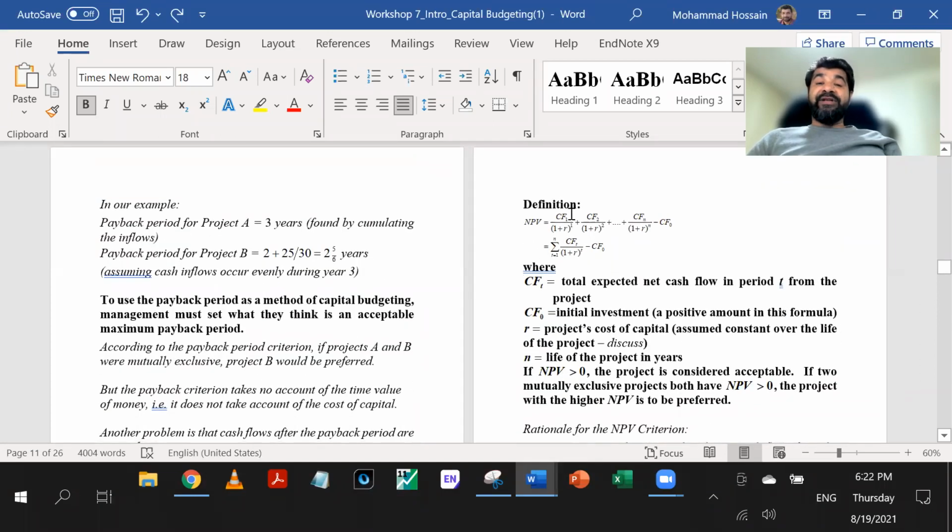The definition is here. What do we mean by this definition? It says net present value is equal to cash flow 1, plus cash flow 2, plus cash flow 3, and so on until cash flow N. They mean the summation of all the cash flows, minus the initial cash flow.